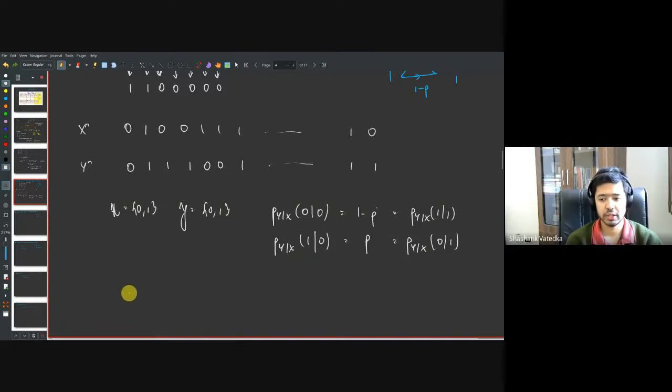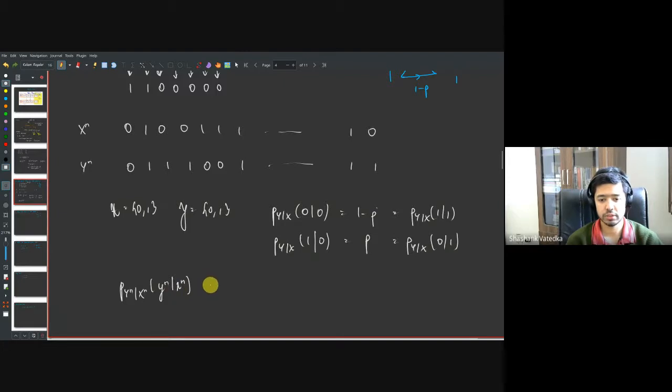Now let's try to analyze what happens when I give a sequence of bits as input. Suppose I give x^n as input. Let's say that I had to calculate the probability of seeing a particular sequence y^n at the output, given that I gave a particular sequence x^n at the input.